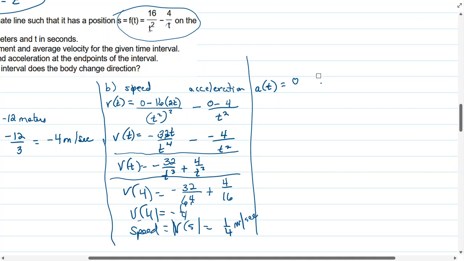I'll make it easy for me. 0, because I'm using that one, minus, and then I'm going to have 32 times 3t squared all over t to the 4th squared.